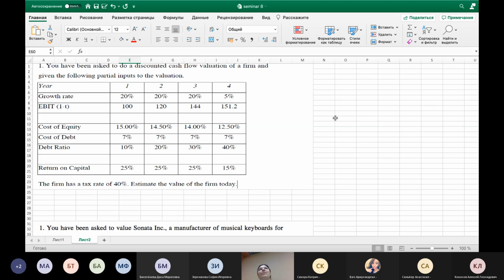In other words, we have to find our value based on our discounted cash flow valuation, based on our discounted model.